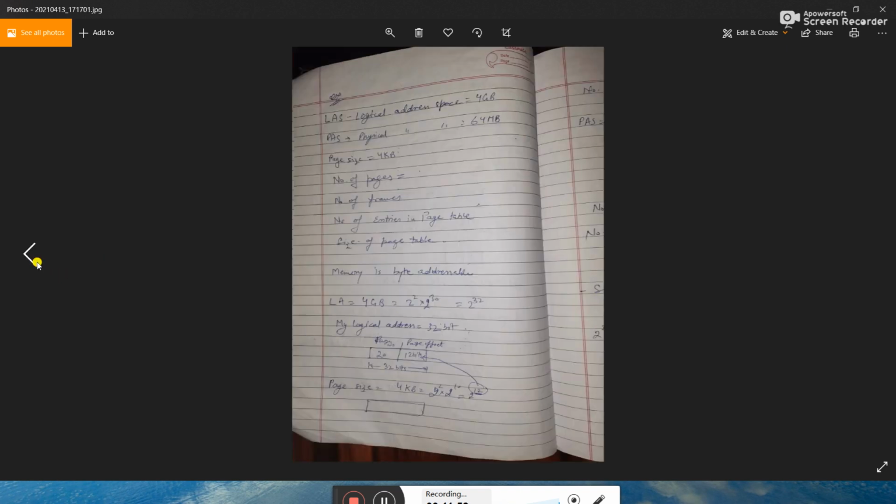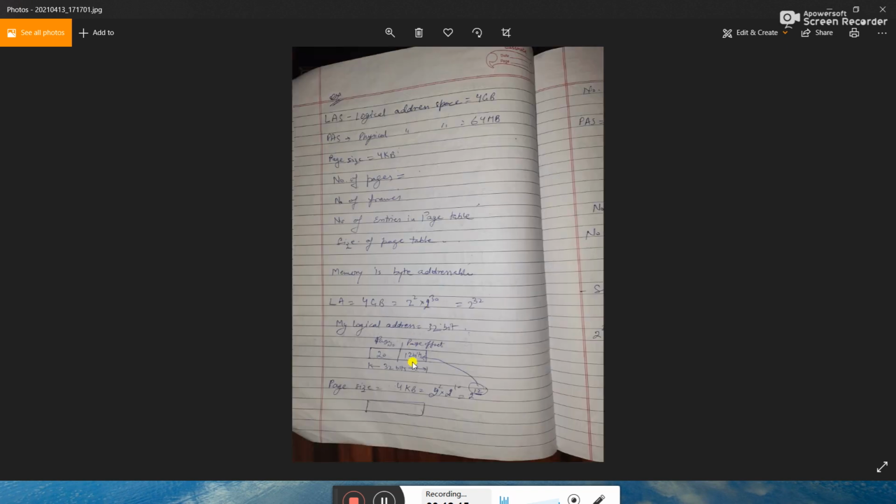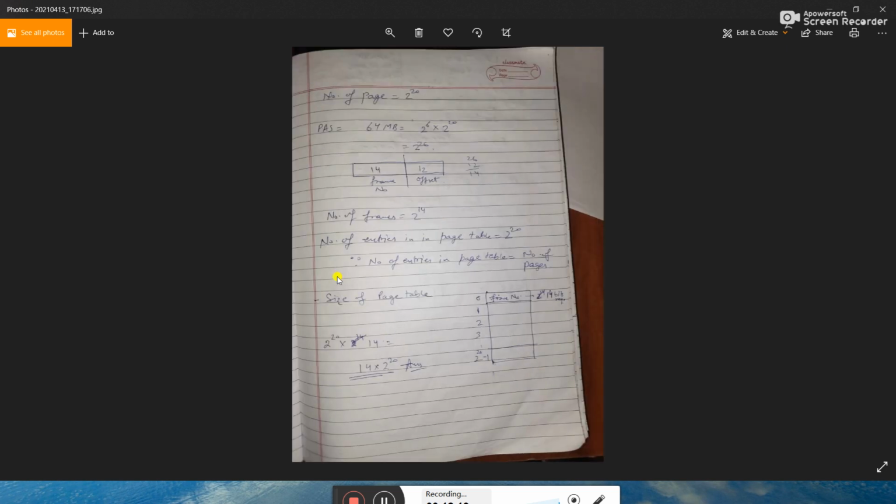So here you have seen that 2 raised to power 20 is my number of pages, and the physical address space is my 64 megabytes, so 2 raised to power 6 multiplied by 2 raised to power 20. From here you can see that 20 bits are required for the page number.